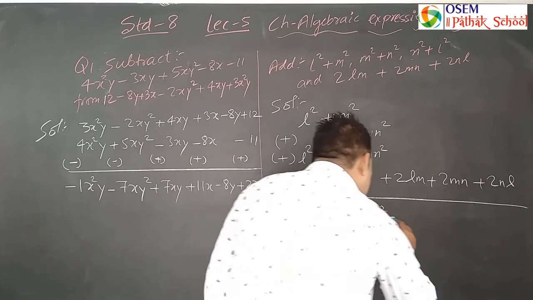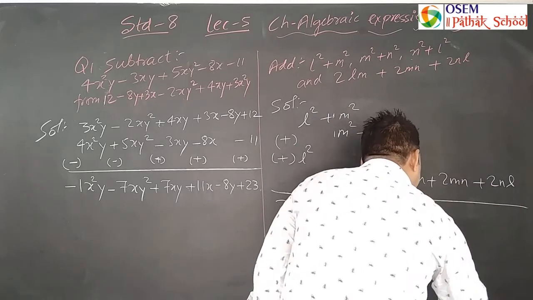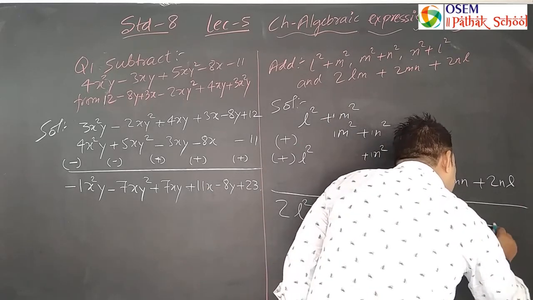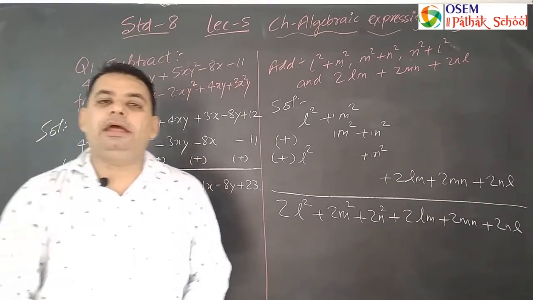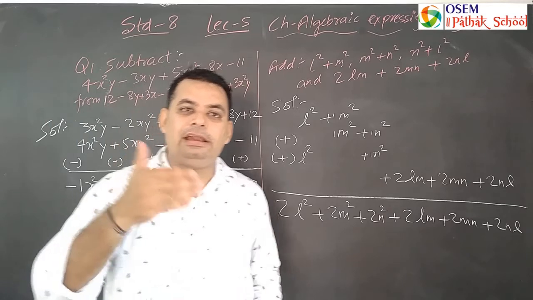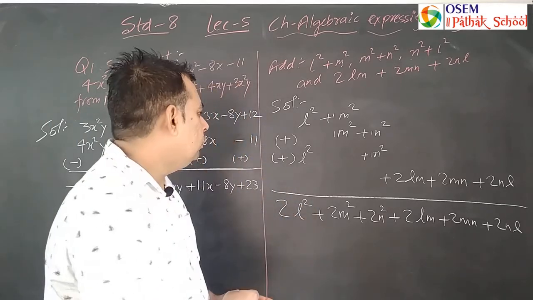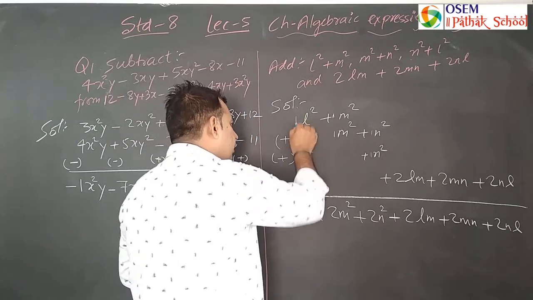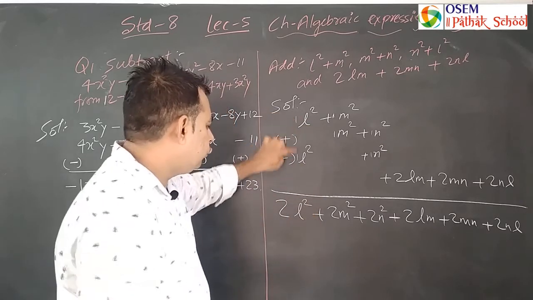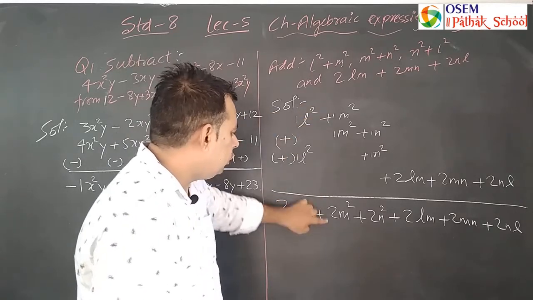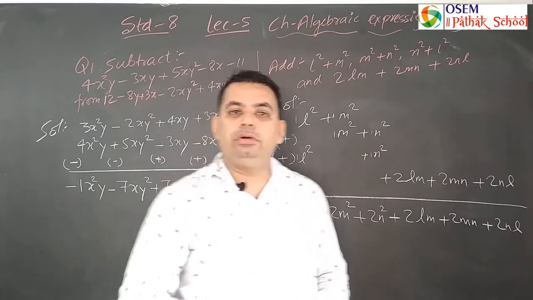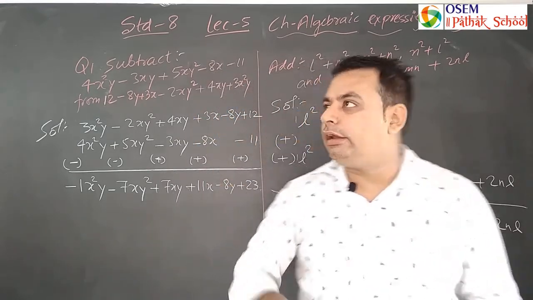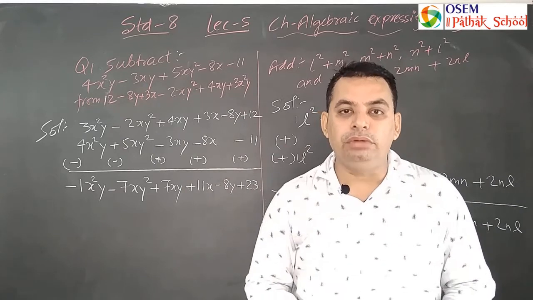So we will write them down like this: 2ln, 2mn and 2nl. So this is the way of doing additions. Just arrange the like terms below and add them. They are carried down. So this is the way of doing the addition and subtraction of polynomials.